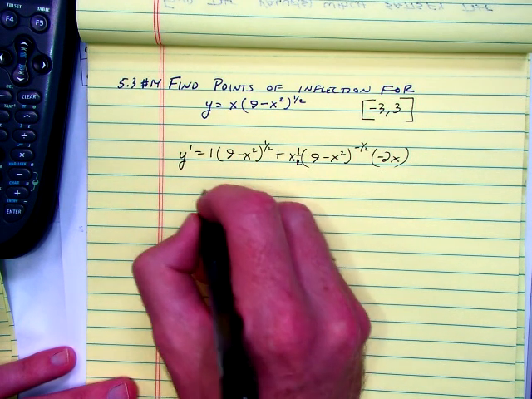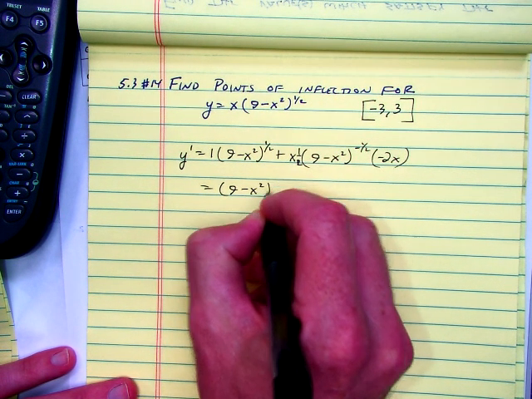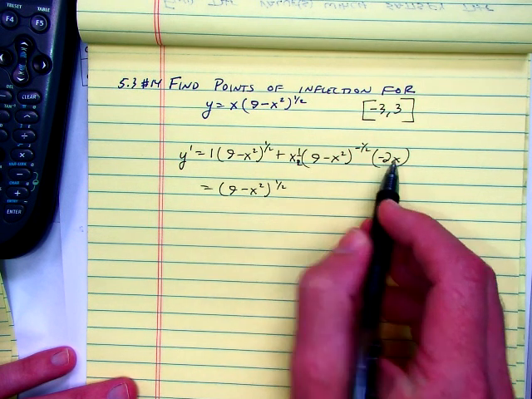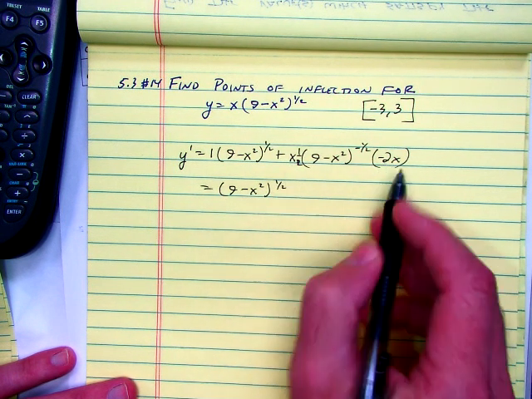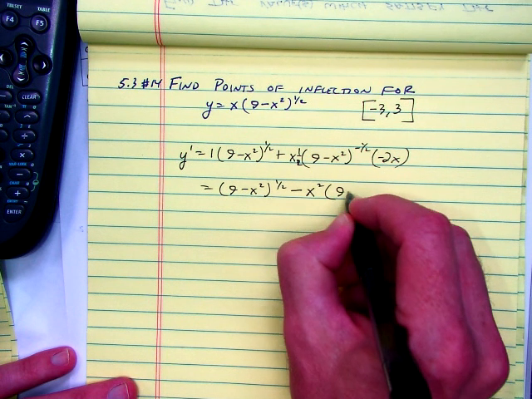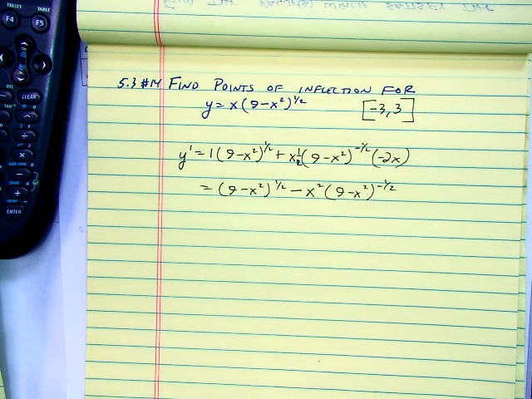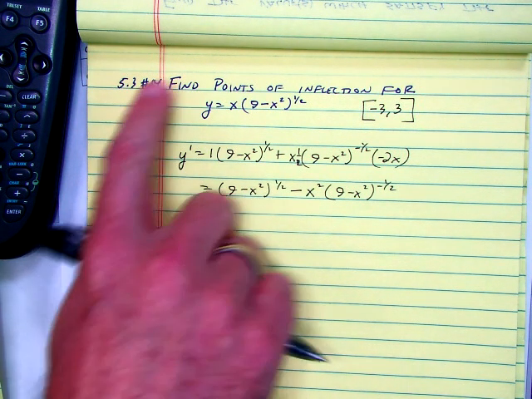So this really equals 9 minus x squared to the 1/2. And then this ends up canceling the 2, but it's minus x squared times 9 minus x squared to the -1/2. So that's the first derivative. So now we need to go take the second derivative of this and find where it equals 0, because that's where we're going to find our points of inflection.